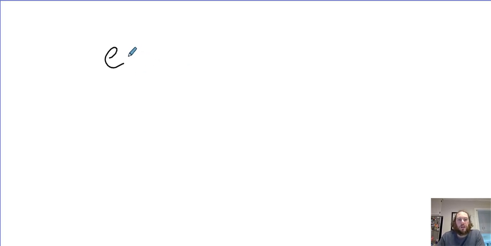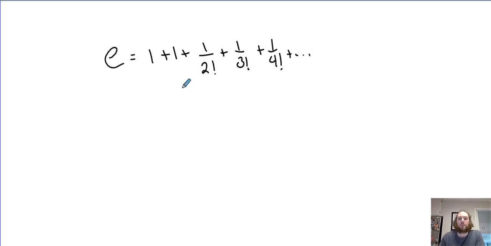One of the forms in which we see e appear is 1 plus 1 plus 1 over 2 factorial plus 1 over 3 factorial plus 1 over 4 factorial and so on forever. Why are these two 1s here? Well, this is 1 over 0 factorial plus 1 over 1 factorial plus 1 over 2 factorial and so on. If I were to add all these up, what I get eventually is e.